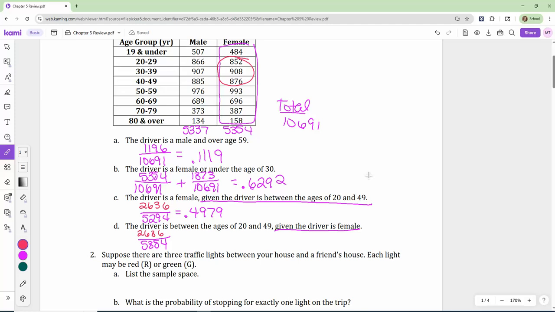That's my 2,636. I get 0.4923. Any questions on this?